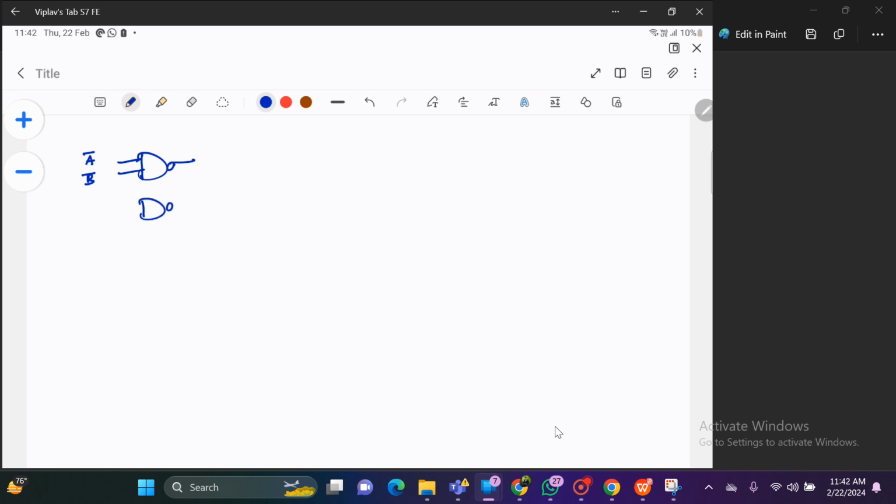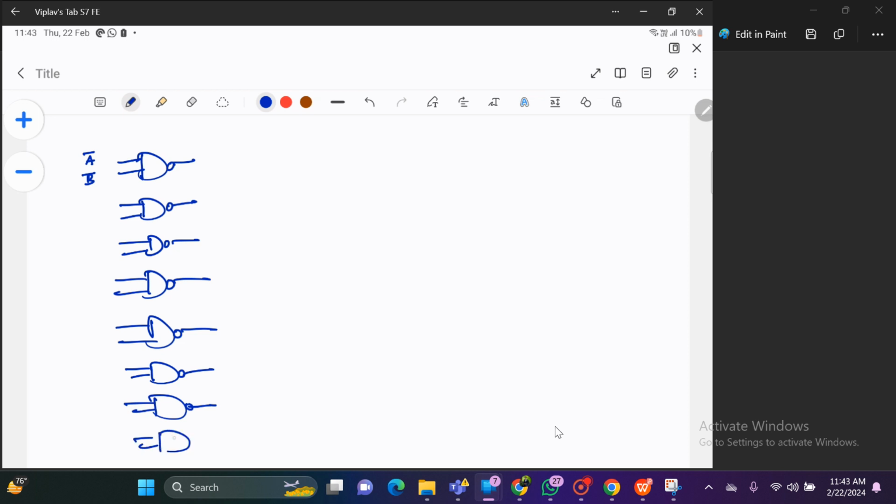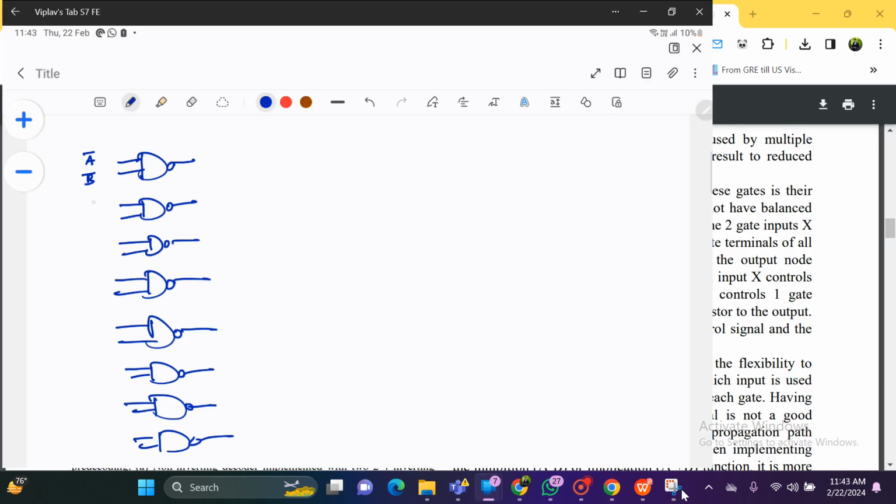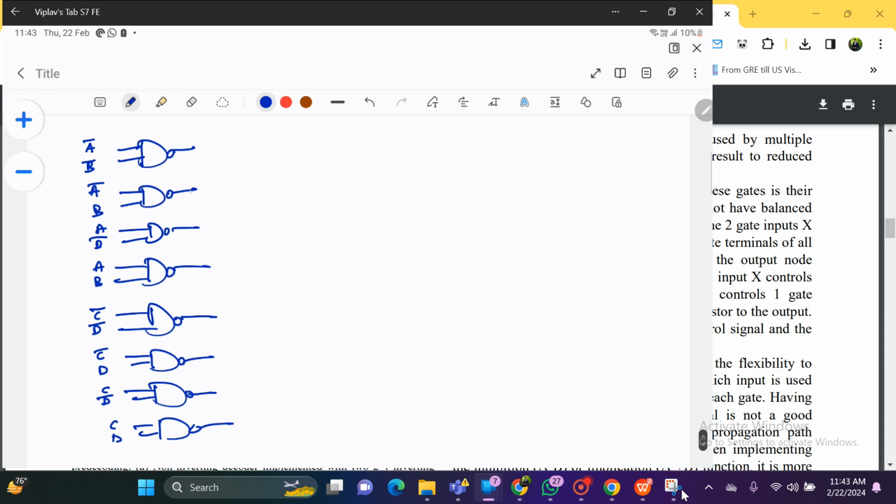So 4 NAND gates are there. A bar B, A B bar, A B. Same here, C bar D bar, then next C bar D, then next C D bar, C D. So from that NAND gate, what will we get here?